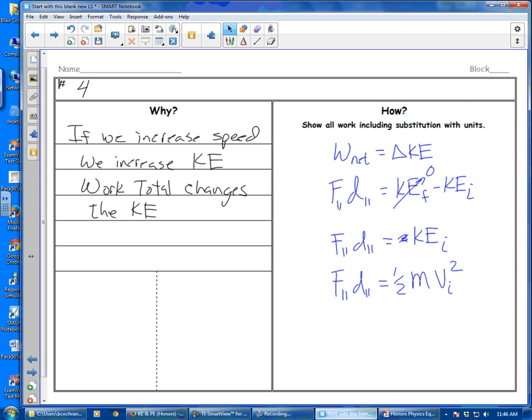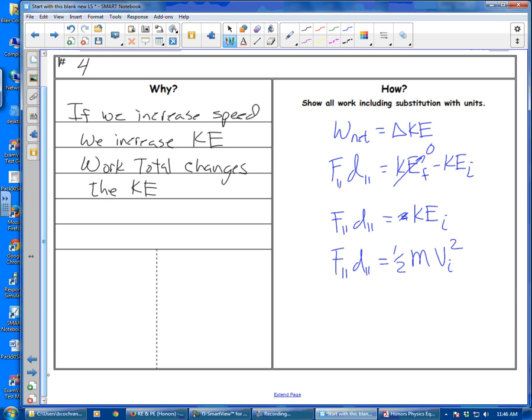So what we're going to do is now say, okay, I'm going to do it in green. Now we have the same force. We're going to have, let's call this distance 2, 1/2, the same inertia.